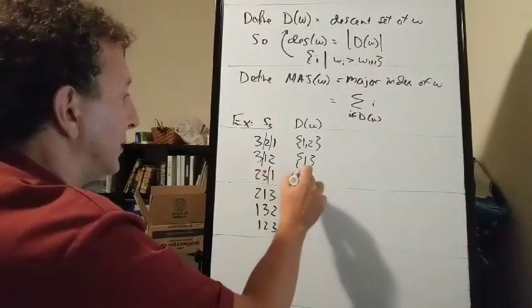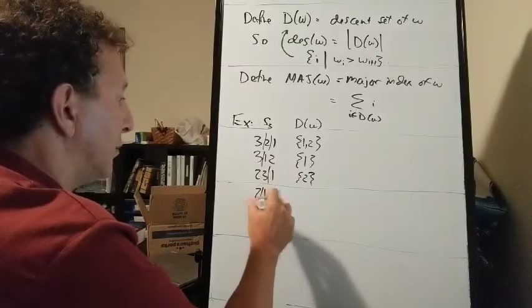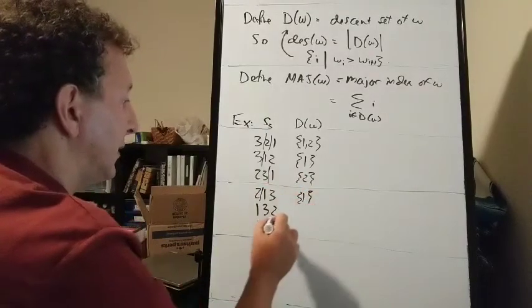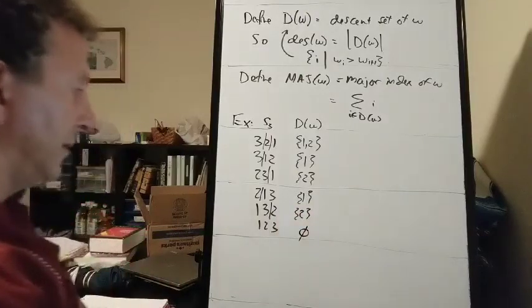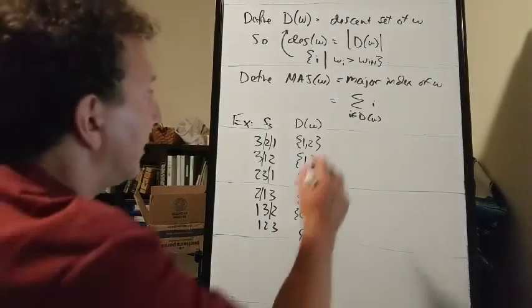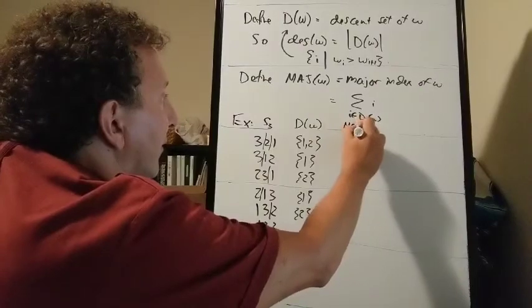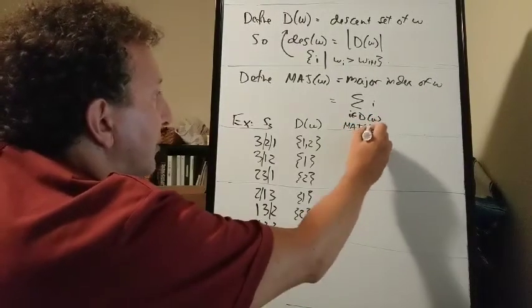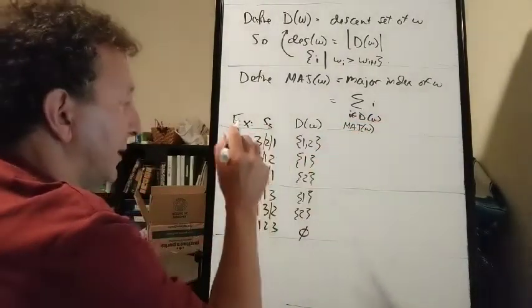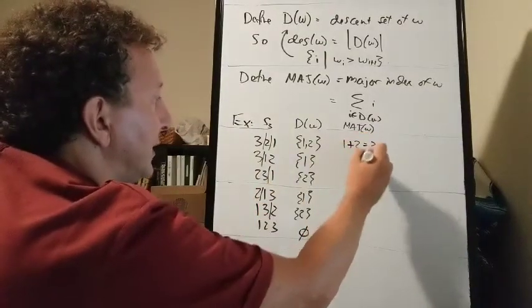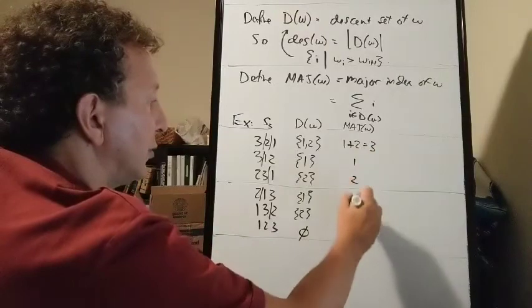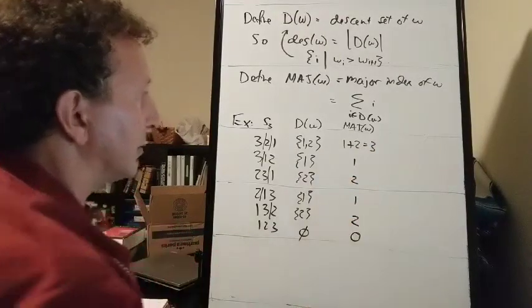Position 2 only. 1 only. 2 only. And then no descents in 123. So the major index is the sum of these indices which are descents. So we have 3, 1, 2, 1, 2, and 0.